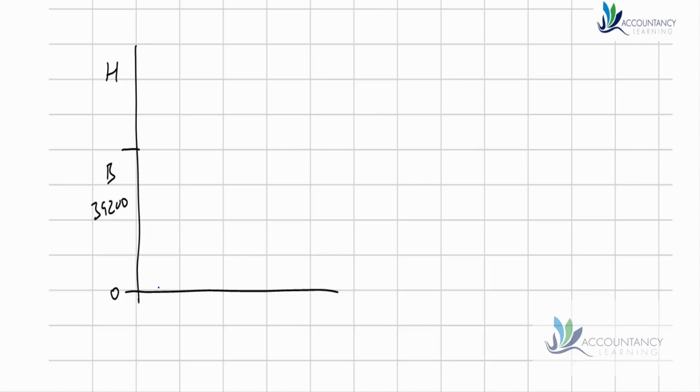So we've got our general income, and that amounts to 40,410, and we can see that already exceeds the basic rate band, and some of it's going to be taxed at the higher rate band.